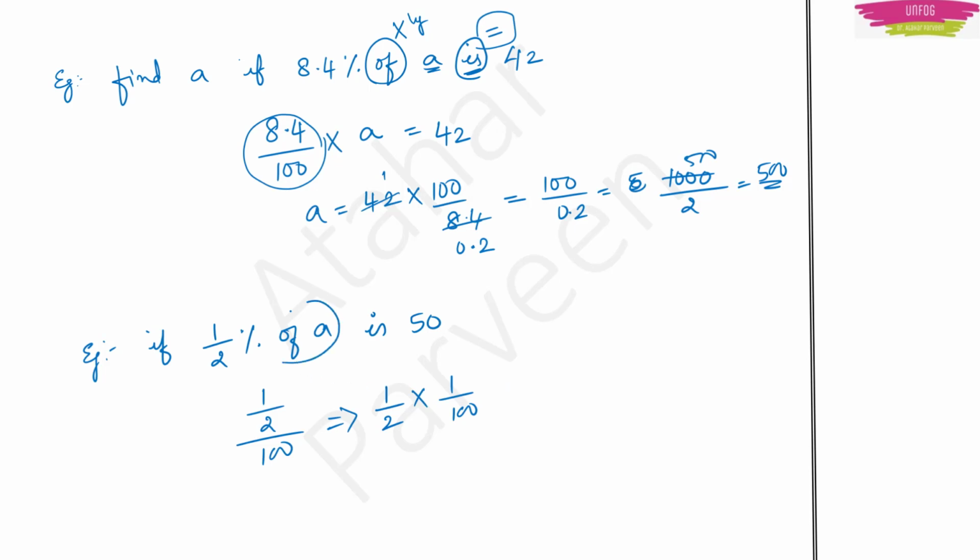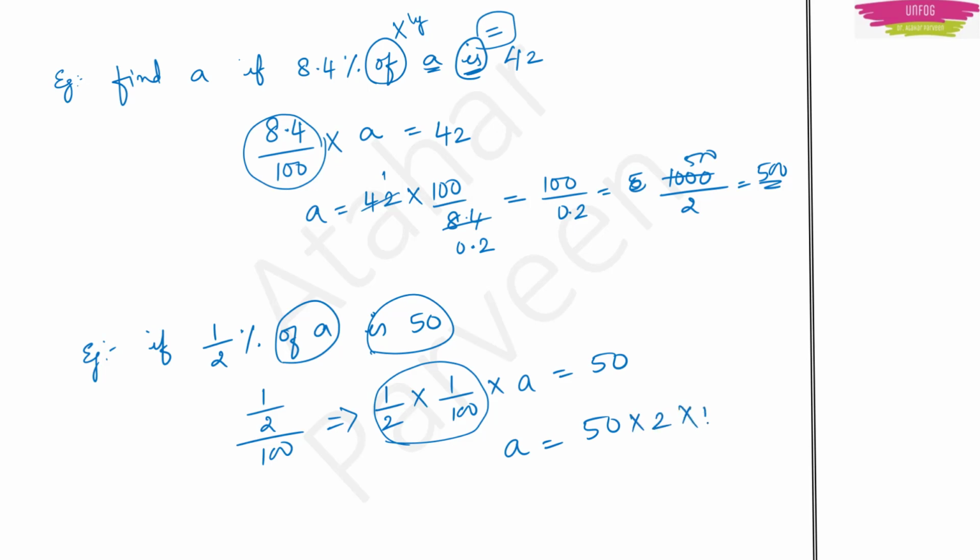Now, of A into A is equal to 50, correct? Now, I want to find A, right? I'll put all these things on the right hand side. So it will become reciprocal. It will be 50 into 2 into 100. So A will be equal to 5 2s are 10, and how many zeros? 1, 2, 3. This will be my answer.